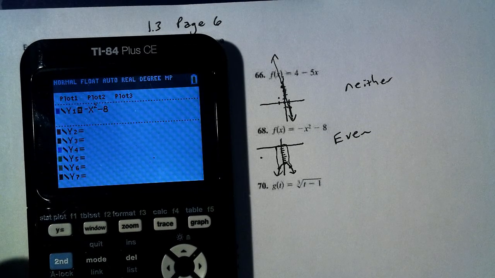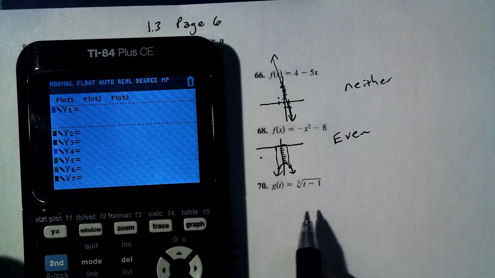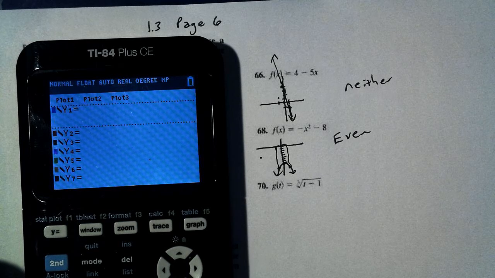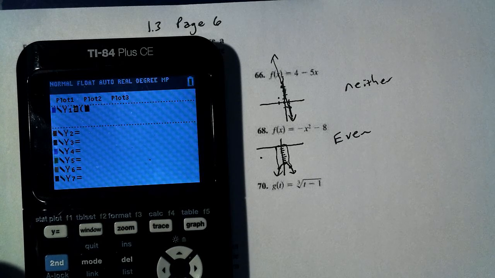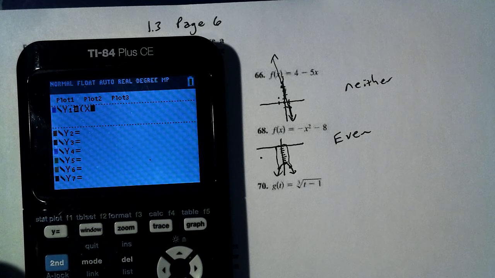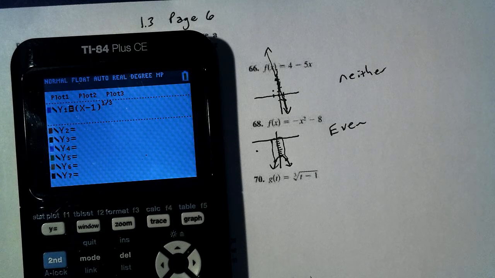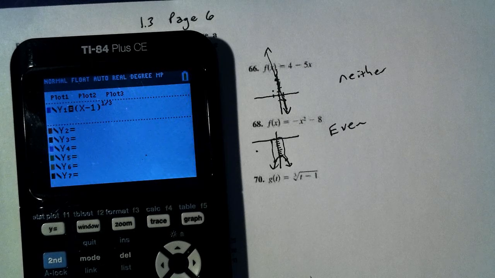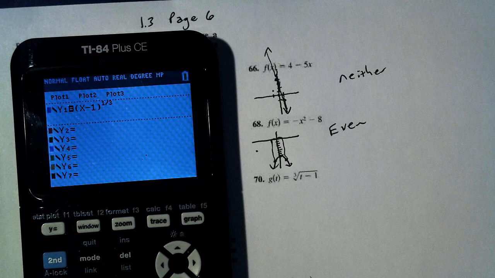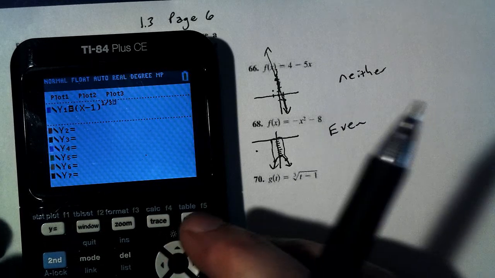Okay, Y equals, clear. Third root, a couple of ways we can handle this. I'm going to show you both. Parentheses x minus 1, close parentheses, raised to the 1 divided by 3. To be perfectly honest, I'm so entrenched in not having this much technology that that's the way I would do this.